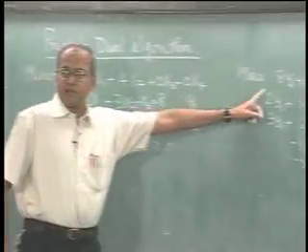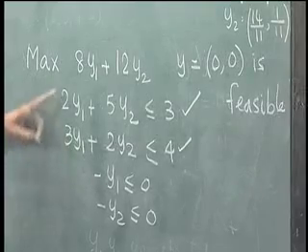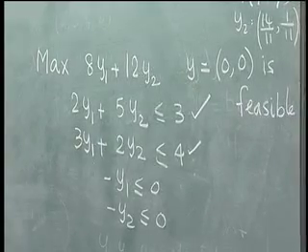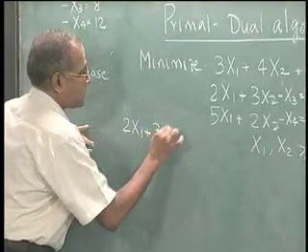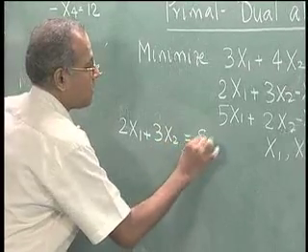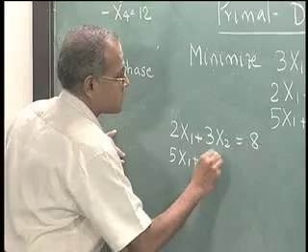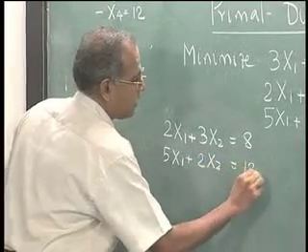now corresponding to these two, x1 and x2 will be the basic variables. So, we should solve for 2x1 plus 3x2 is equal to 8 and 5x1 plus 2x2 is equal to 12.